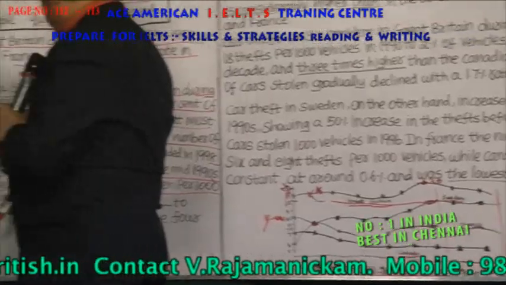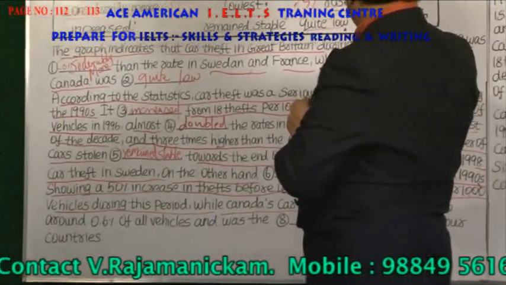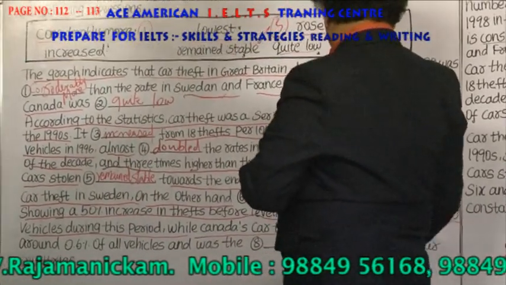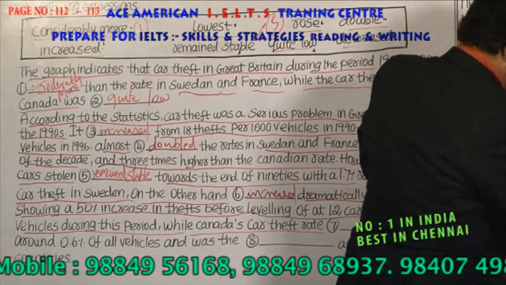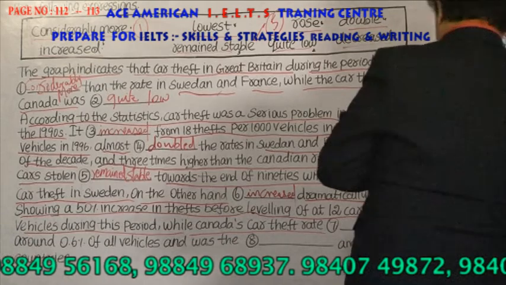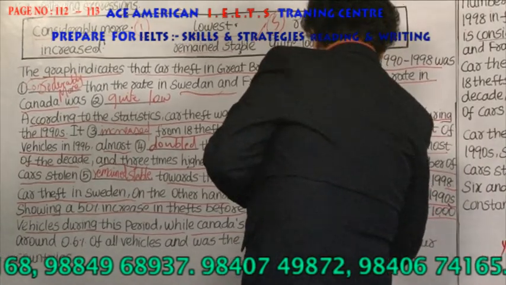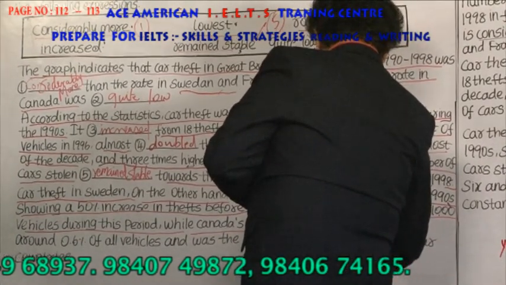vehicles during this period. While Canada's car theft rate, what is the seventh answer? Canada. Where is Canada here? Canada here, Canada. It has decreased at the same time. Decreased.